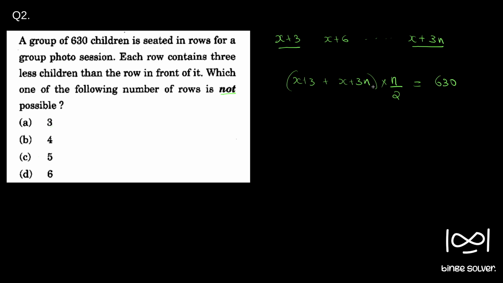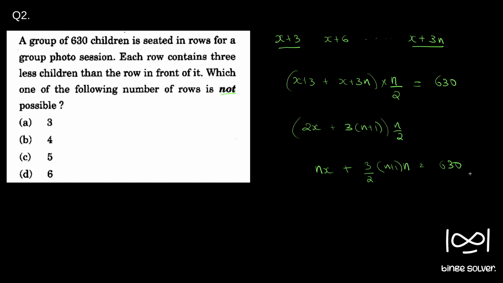If you simplify, this becomes 2x plus 3 into n plus 1, into n by 2. If you take n by 2 inside, we get nx plus 3 by 2 into n plus 1 into n is equal to 630.